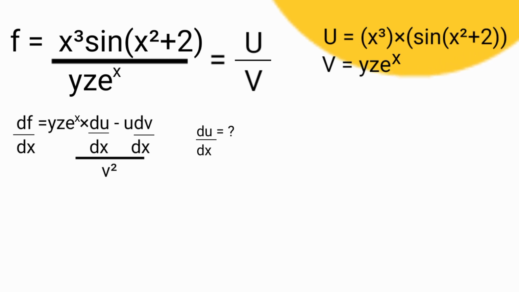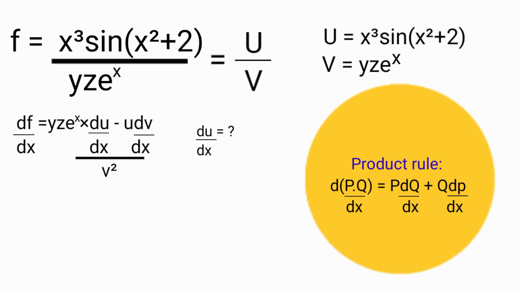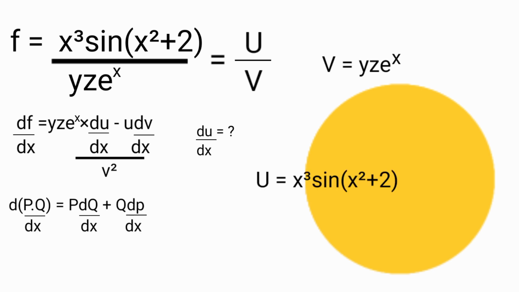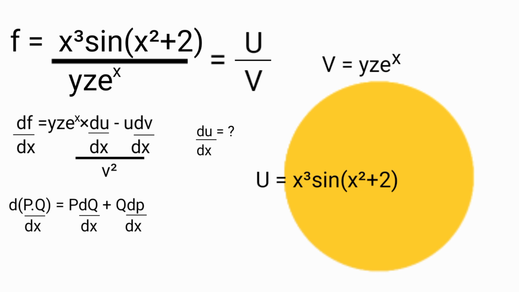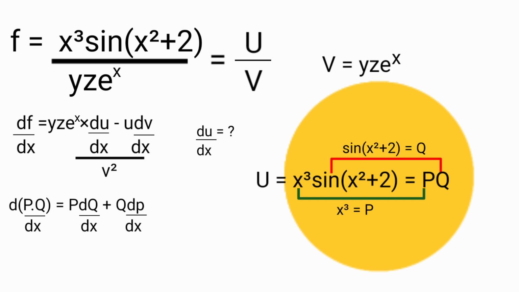Since we have x cubed multiplying sine of x squared plus 2, we can use the product rule, which says d(pq)/dx is equal to p dq/dx plus q dp/dx. Equating x cubed sine of x squared plus 2 to pq, we can have x cubed equal to p and sine of x squared plus 2 equal to q.